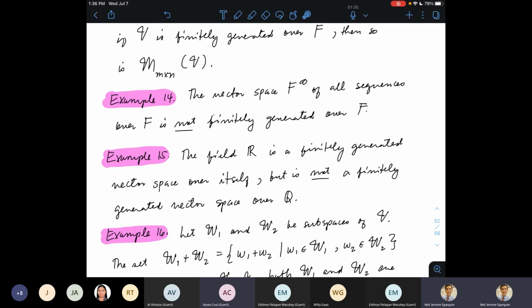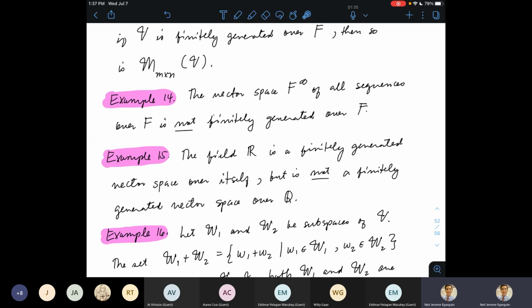Yeah, that's right. The set of all polynomials is not finitely generated because if you remember, we said that if you stop at a certain degree, the generating set should be finite. So if you have 1, x, x squared, x cubed, until x to the n, you will only generate all polynomials of degree n or less.